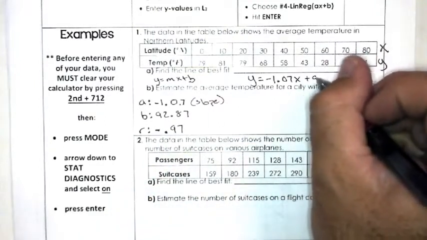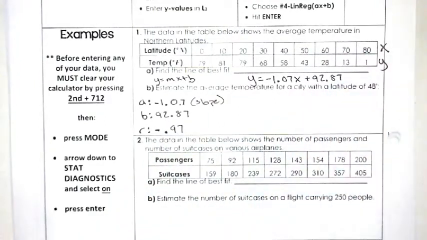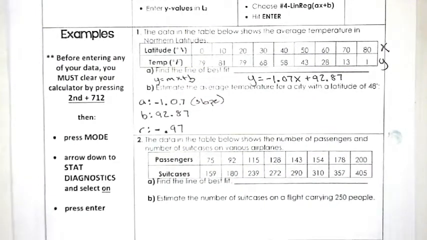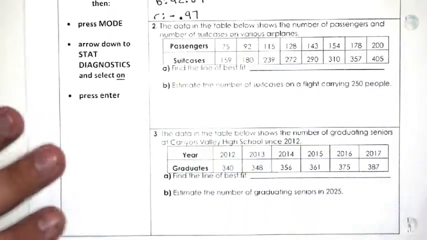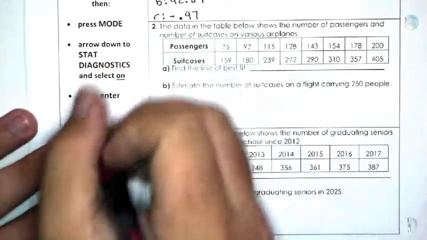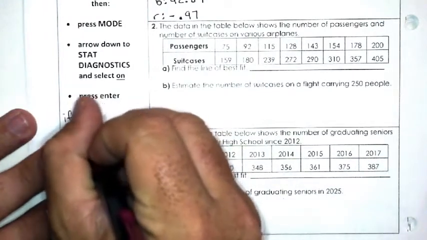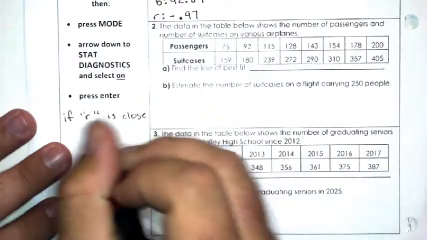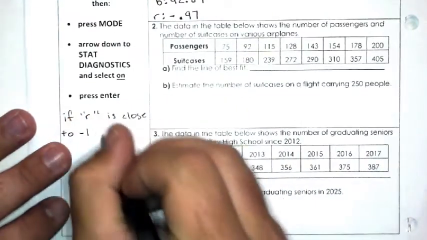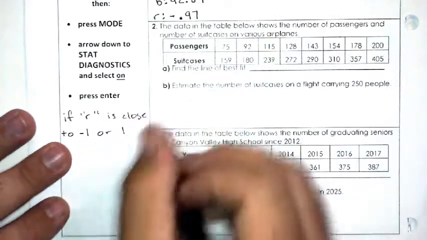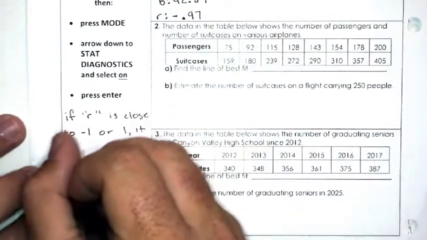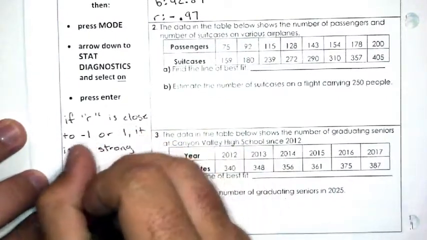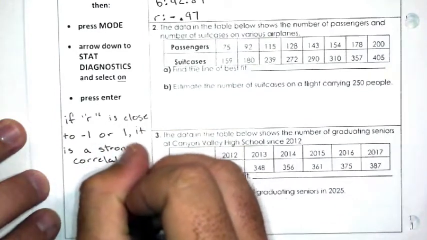Now, what on earth do we do with the r? Here's what we do with the r. If r is close to negative 1 or positive 1, it is a strong correlation. So think of a number line.